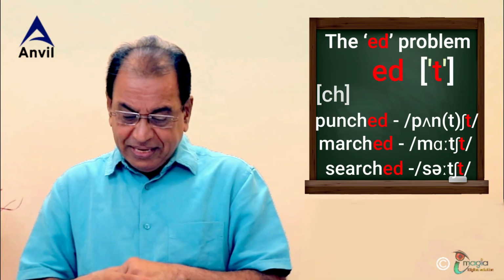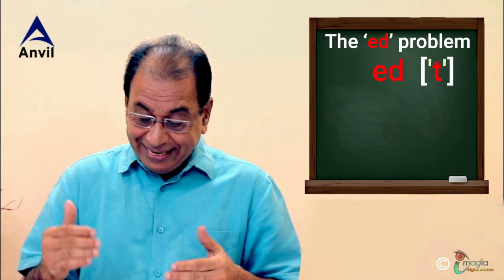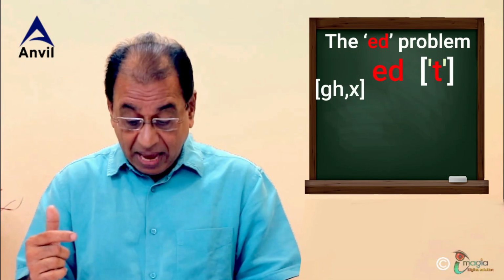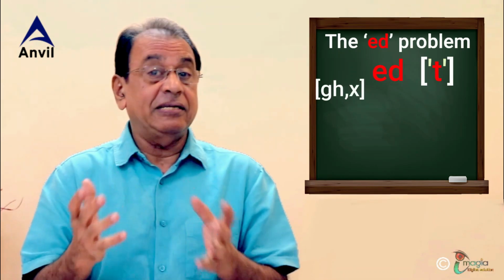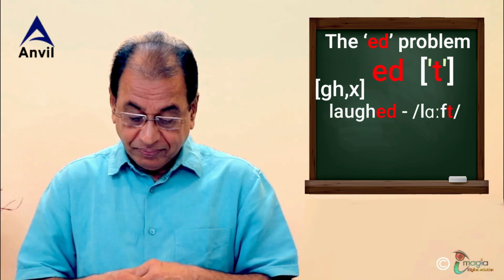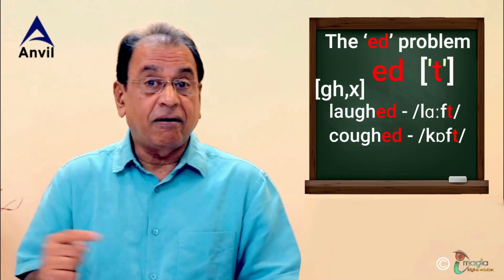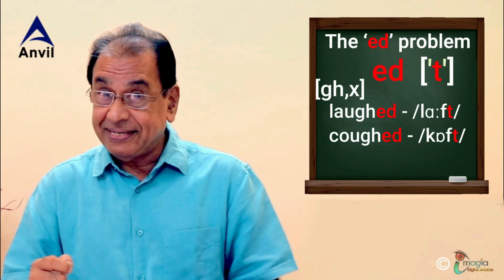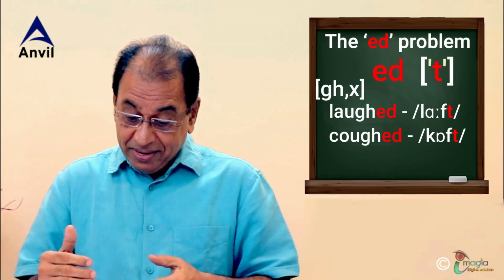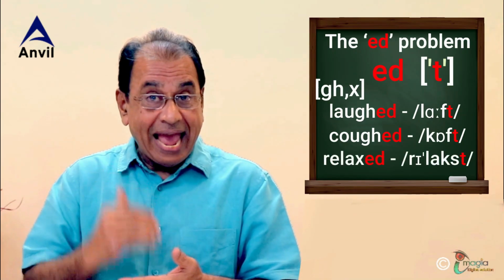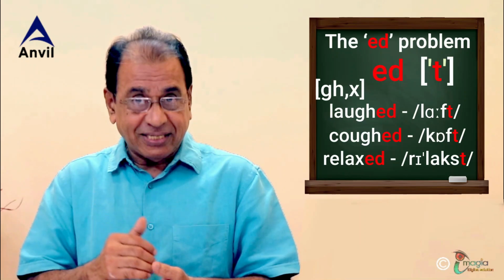Then we have two other sets, like words that end in F pronunciation, phoneme, GH sometimes, L-A-U-G-H, the pronunciation is F. Laugh, laughed, C-O-U-G-H, cough and coughed. And the third set of words, relax, words that end in X, relax, relaxed.